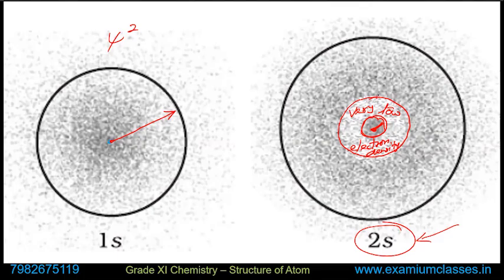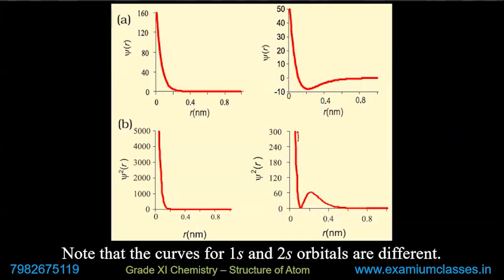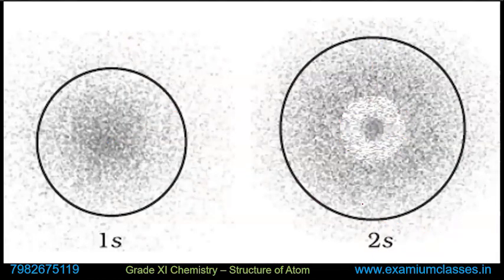And after this, again, the electron density will decrease. I go back here. First, electron density decreases almost to zero, then again increases, and then decreases. So that's what we have here. First I am saying electron density decreases.